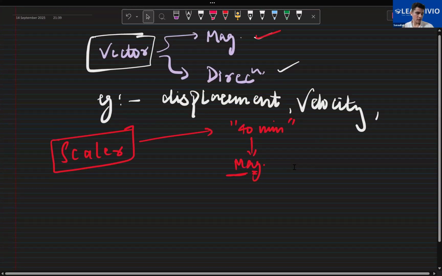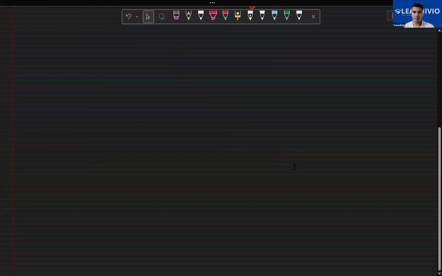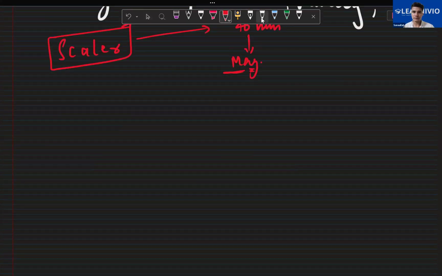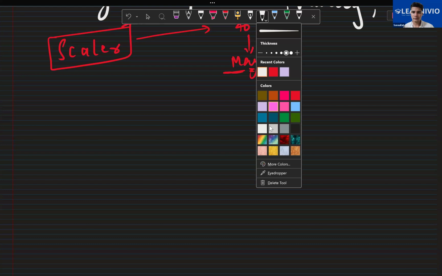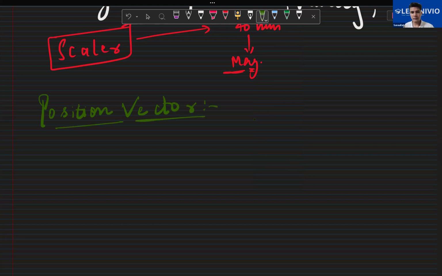Now there is a term known as position vector. You know what a vector is, so what do you mean by position vector?